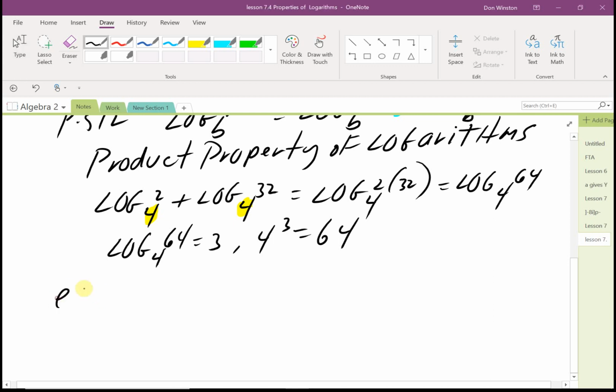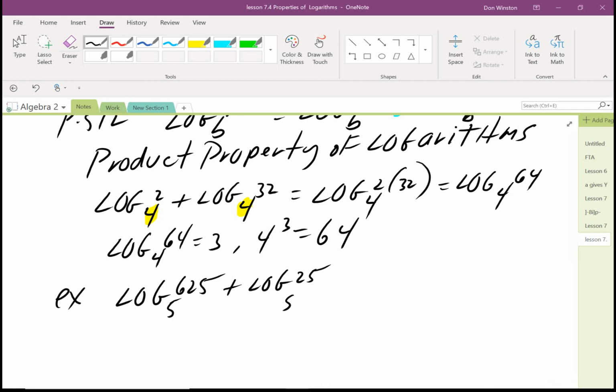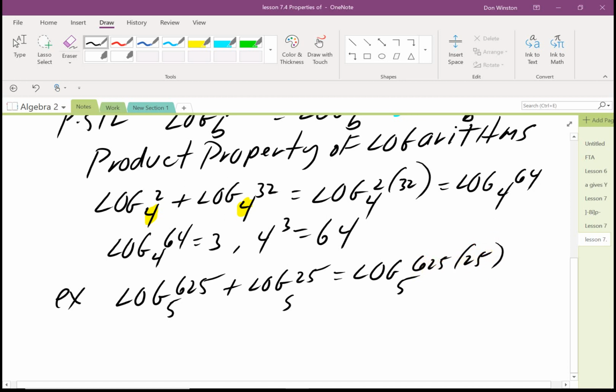Let's do another example. So let's say here I have log base 5 of 625. Into that I add log base 5 of 25. Well, this is going to require me using my calculator because I do not know what this is going to be offhand. But in any event, this will be log base 5 of 625 times 25.